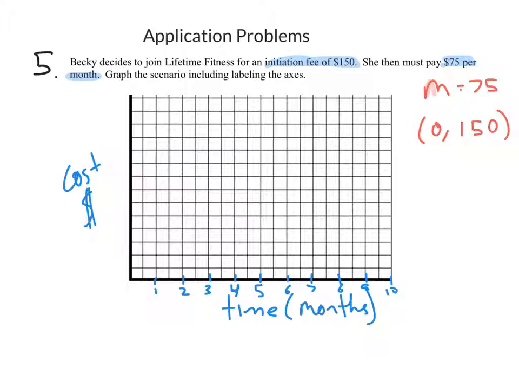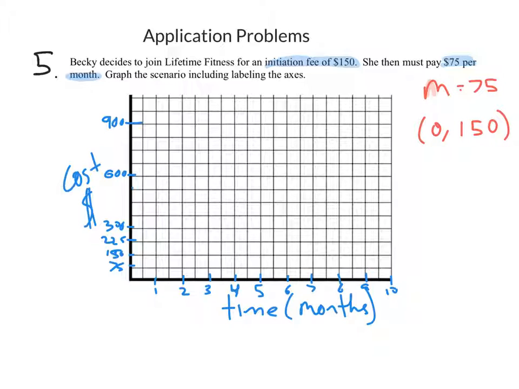I'm paying $75 a month and an initiation fee of $150. So I kind of think we should count up by 75s. So I'm going to go ahead and do that. You can do that on your own paper. So as I was counting up, I started to notice that every 4 tick marks is $300. So then I just said that's 600 and that's 900.